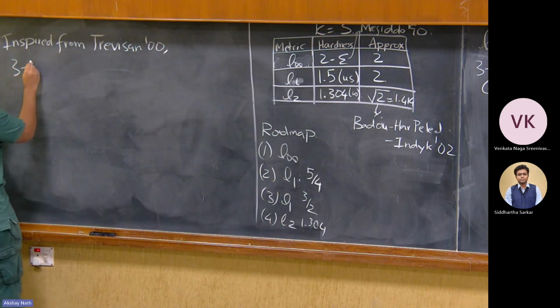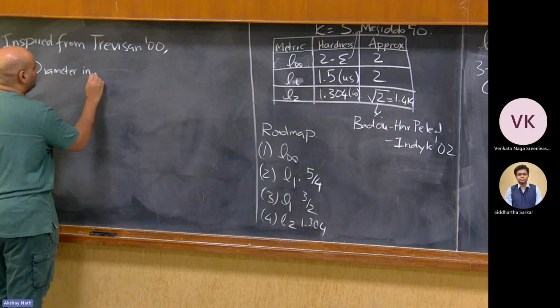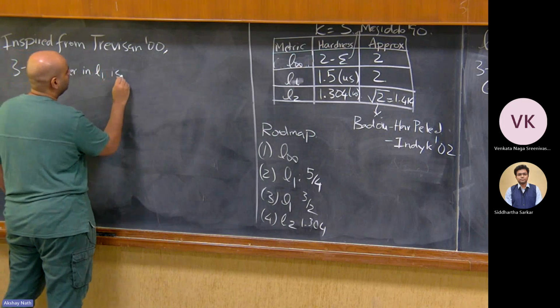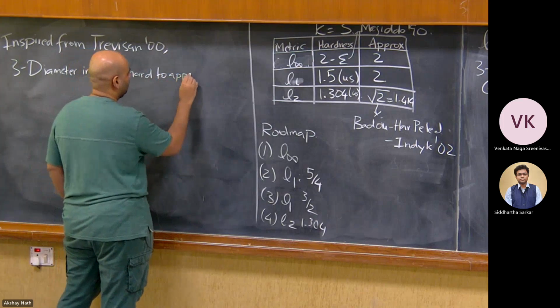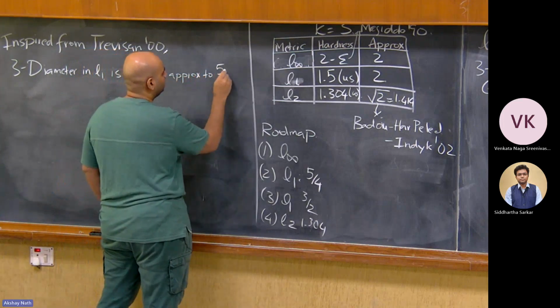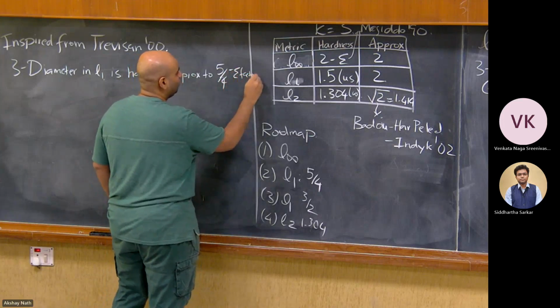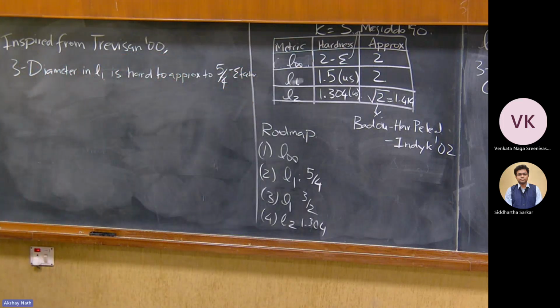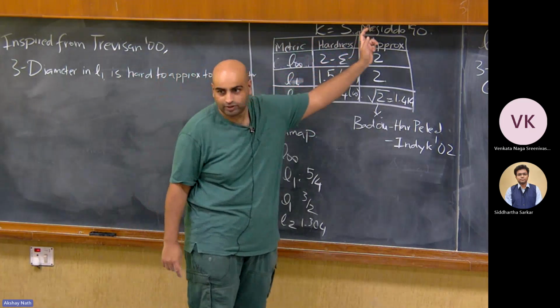We show that 3 diameter in L1 is hard to approximate to within 5/4 minus epsilon. Distinguishing between 1 and 2 minus epsilon is hard for the L infinity metric. Yeah, so that's this proof. Some version of this appeared in Megiddo.